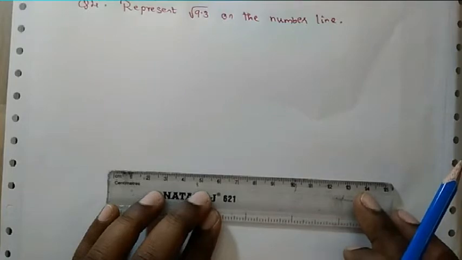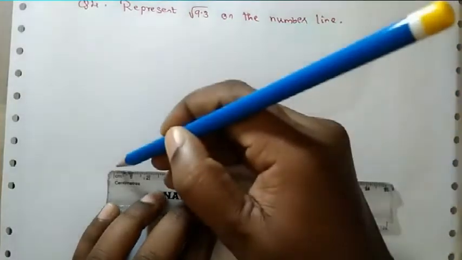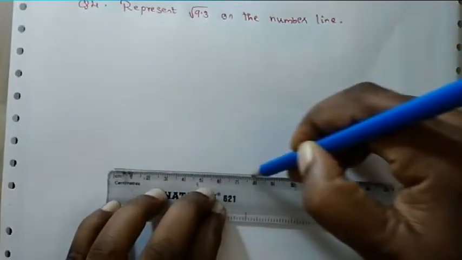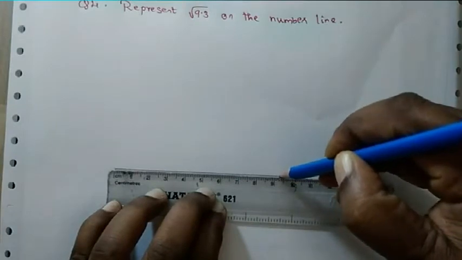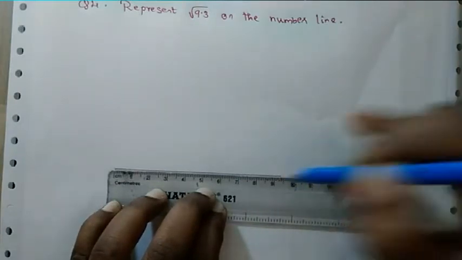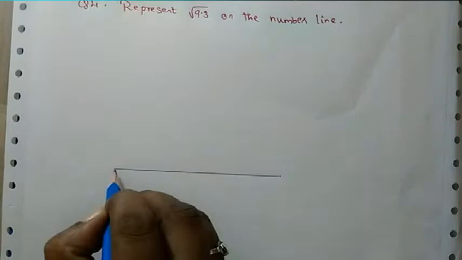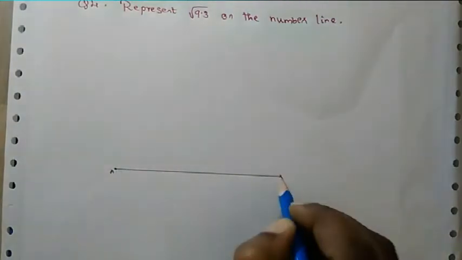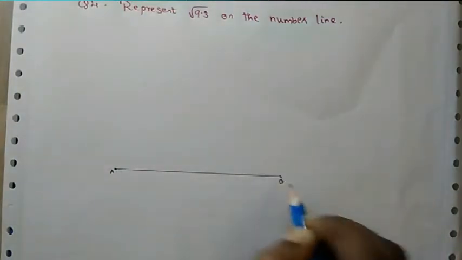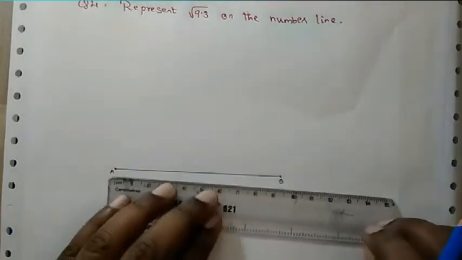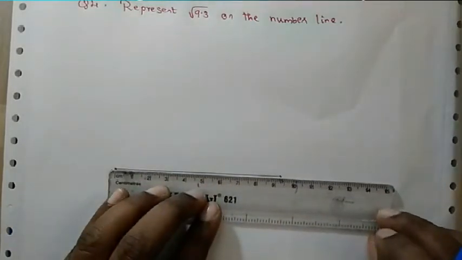So we'll take 9.3, and you name it as point A and this is point B. You can extend the number line.